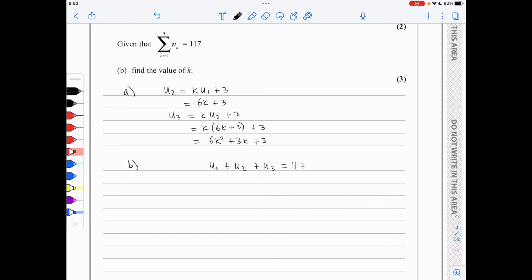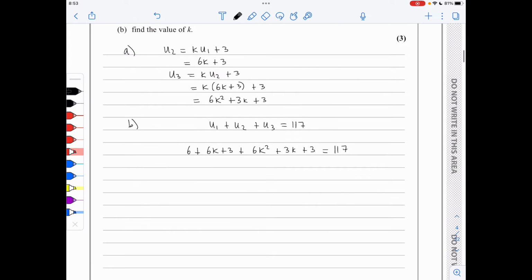Now u1 is 6, u2 was found to be 6k + 3, and u3 is 6k² + 3k + 3, and all of these added up gives me 117. I will collect everything on the left hand side. I get 6k² + 9k - 105 = 0.